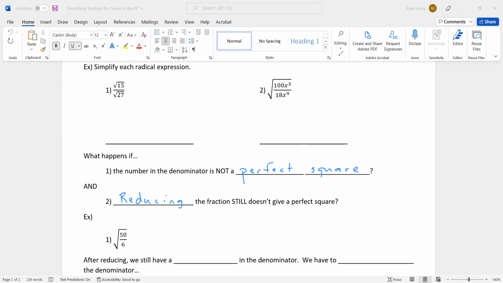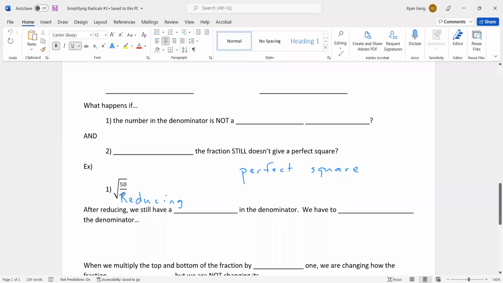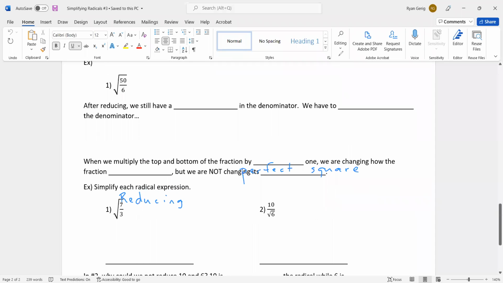Right away, I have an example. Duh, you could probably have guessed that. So square root of 50 over 6. After reducing, which by the way, we reduce, it gives me square root of 25 over 3. We still have a radical in the denominator.